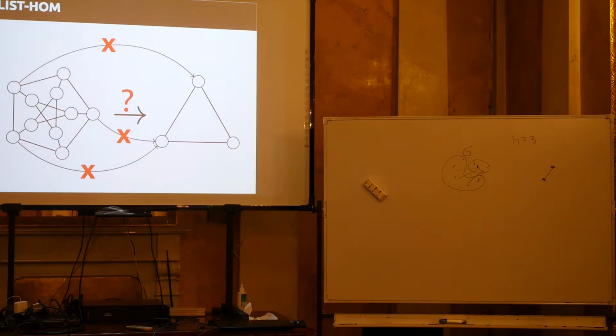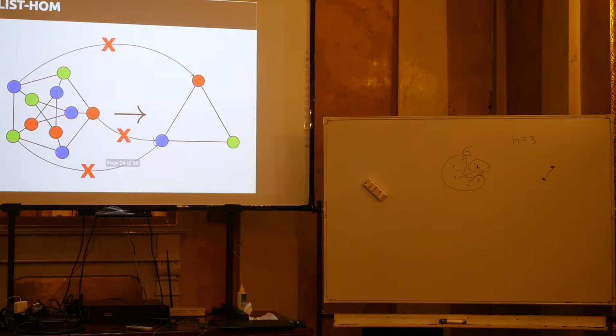And sometimes I want to say: do you have a mapping from this graph to this graph such that this vertex is not mapped here, and this one is not mapped here, and this one is not mapped here? So for each vertex, I want to give you a list of allowed vertices, or maybe a list of prohibited vertices. It's the same.